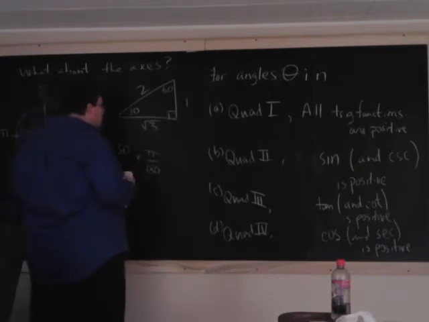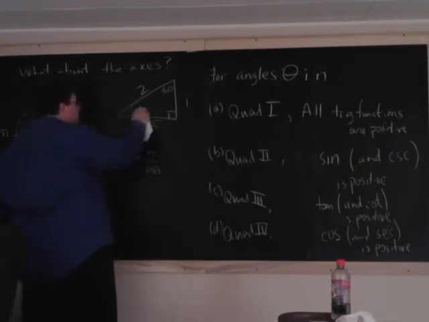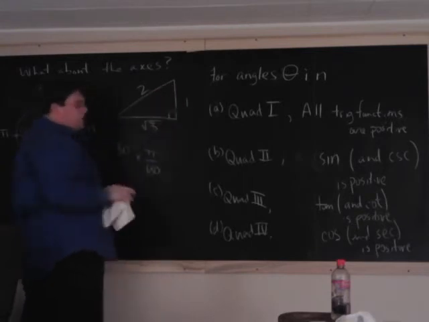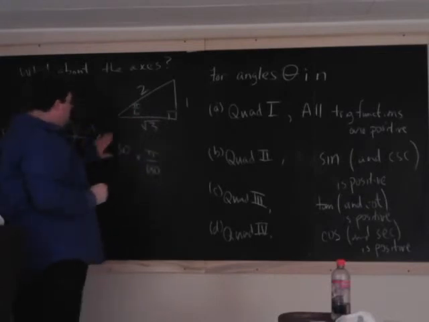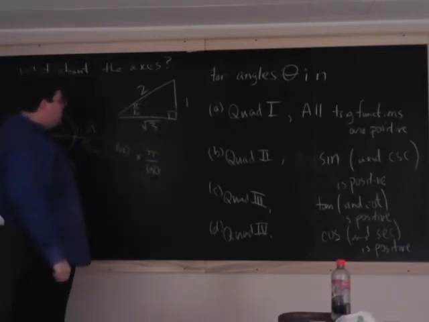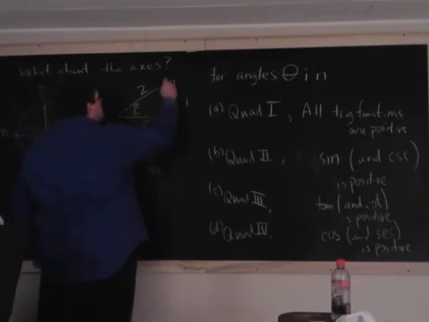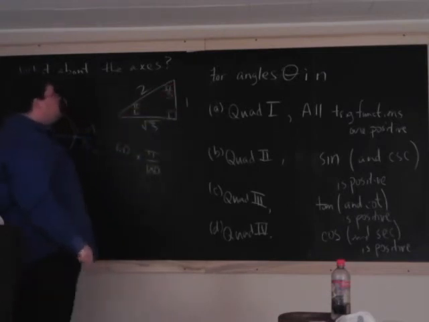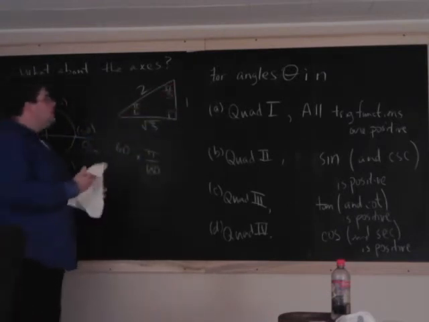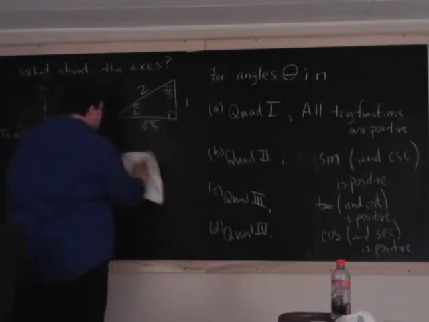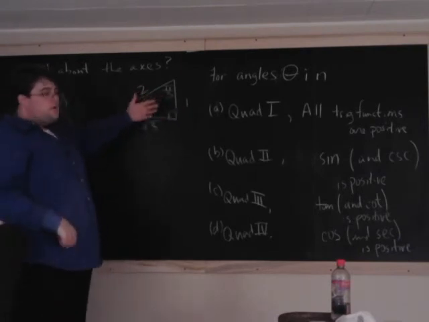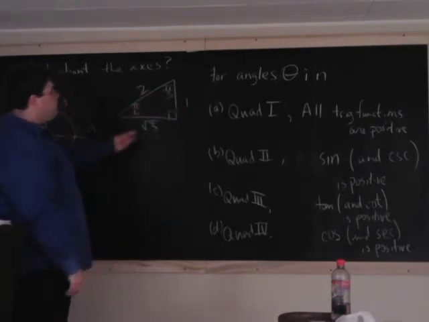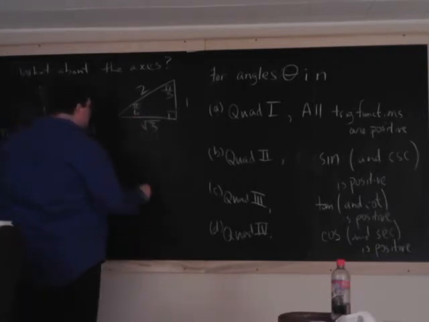So in this 30, 60, 90 triangle, we can replace the 30 with a pi over 6. 60 we can replace with 60 divided by 180. The 10s cancel, 6 and 18 makes a third, and we get a pi over 3. So we have the 30, 60, 90 triangle in radians. This will be helpful. The 1 goes opposite the 30 degree angle, which is the pi over 6, because 1 is smaller than root 3. Root 3 is like 1.7 something, and 1 is 1.